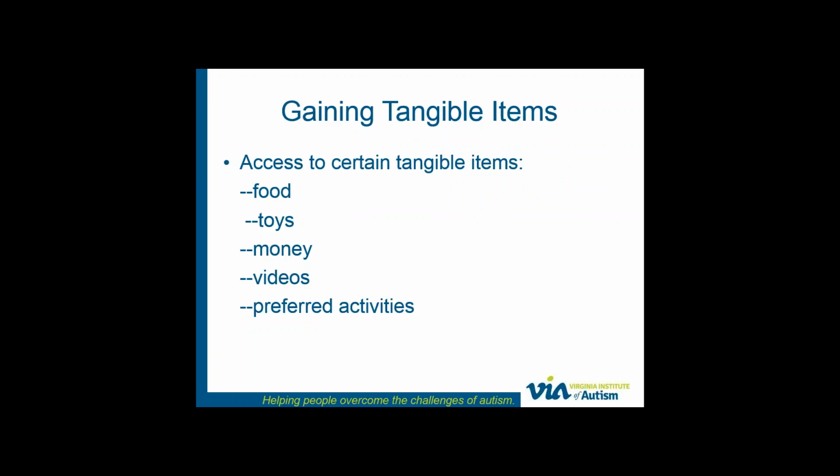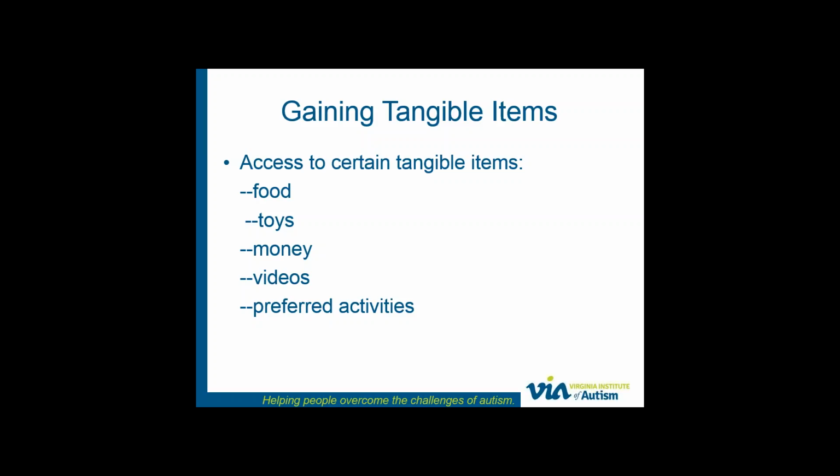All of us engage in behavior to gain access to different tangibles like food, our paychecks, and things like that. For example, if a child is consistently given a specific snack when he's upset, he may learn that if he becomes upset and tantrums, mom will bring him a snack.